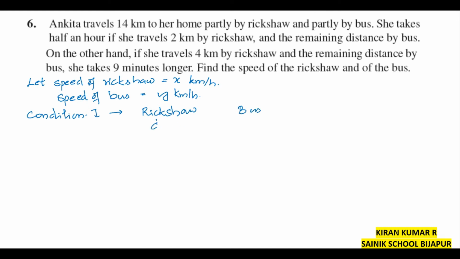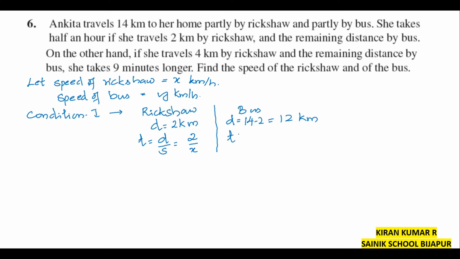By rickshaw, Ankita has travelled 2 kilometers. So the time taken will be the distance upon the speed. The distance is 2 km and the speed is x, so it becomes 2 by x. The distance travelled by bus is 14 minus 2, which is 12 km.